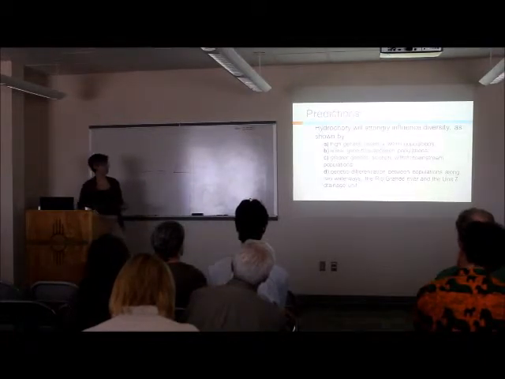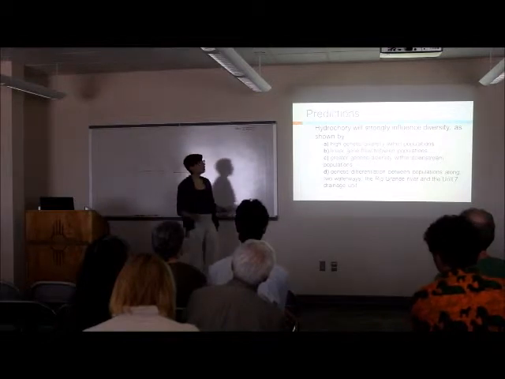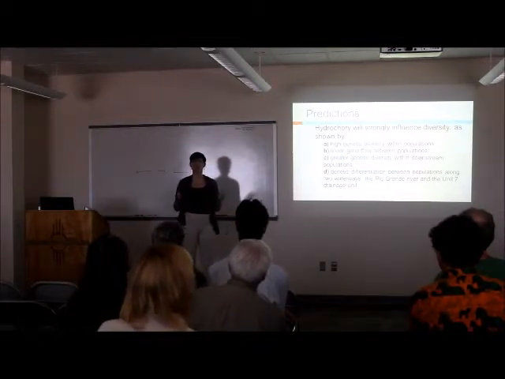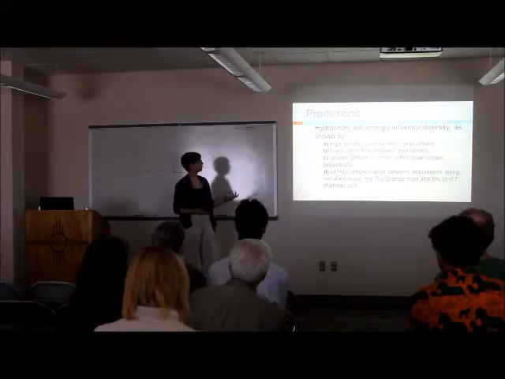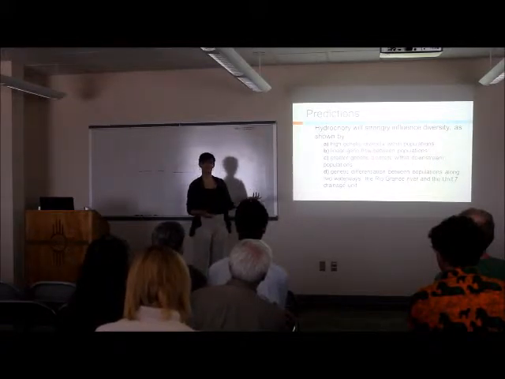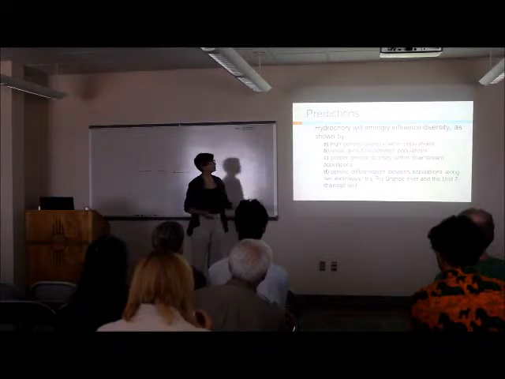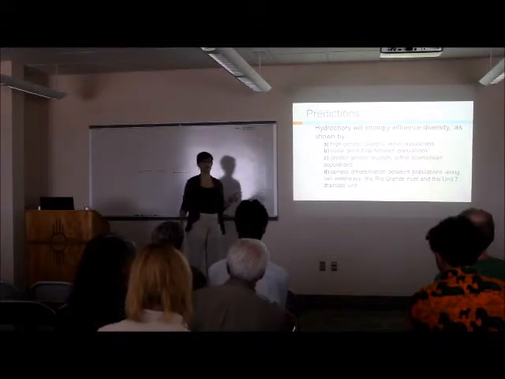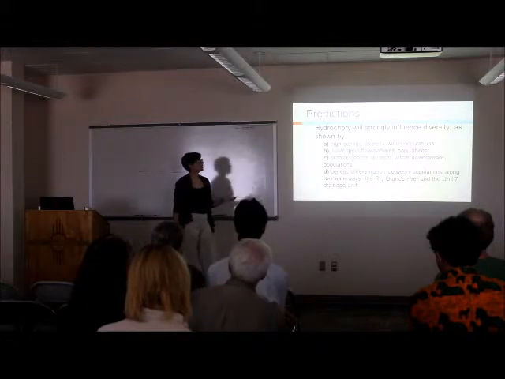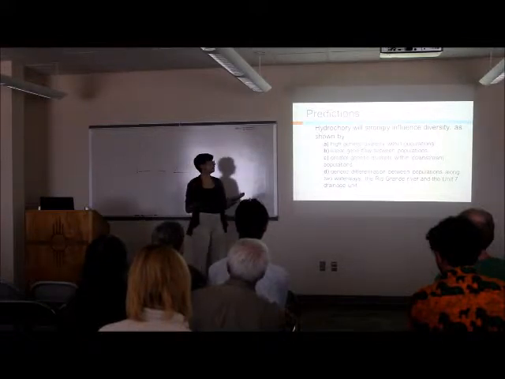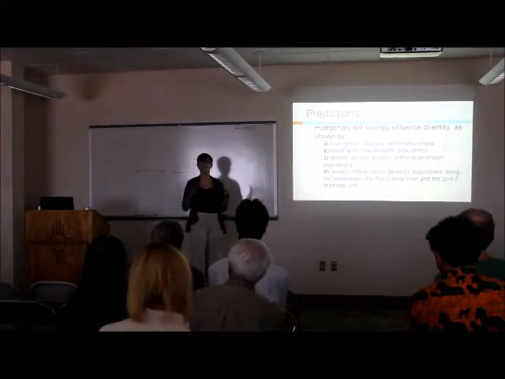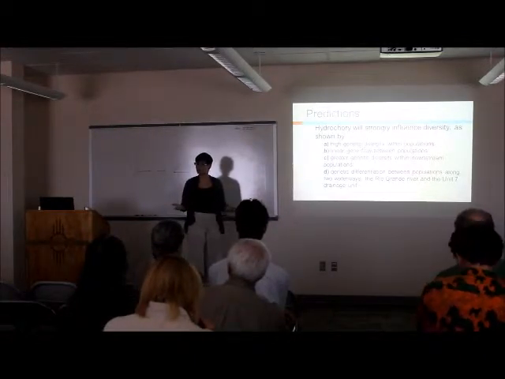My main prediction was that hydrochory would strongly influence genetic diversity in coyote willow populations. I would see this in my research through high genetic diversity within populations, linear gene flow between populations going down the waterway, and greater genetic diversity within downstream populations, because you have more seeds and clonal propagules traveling downstream and collecting in downstream areas, so you have sort of a larger gene bank, so to speak.